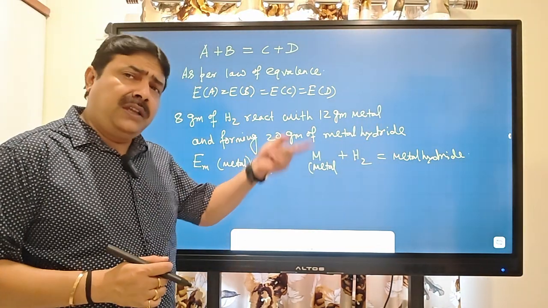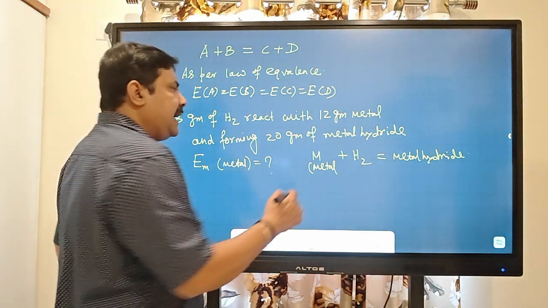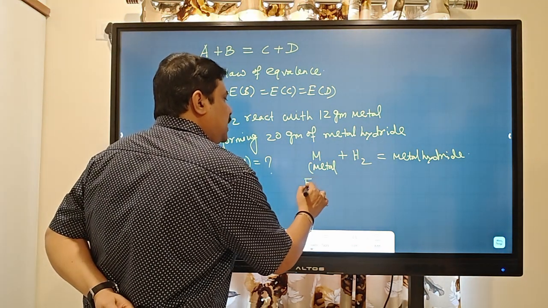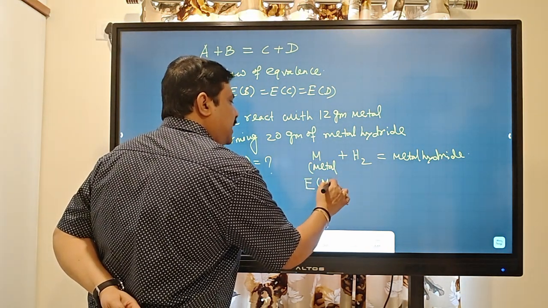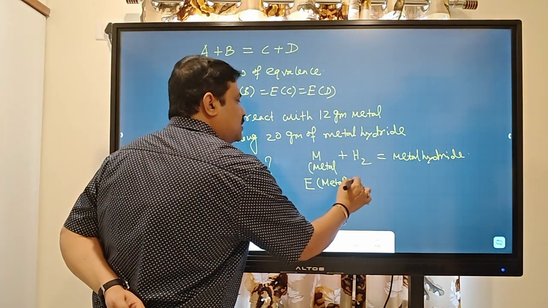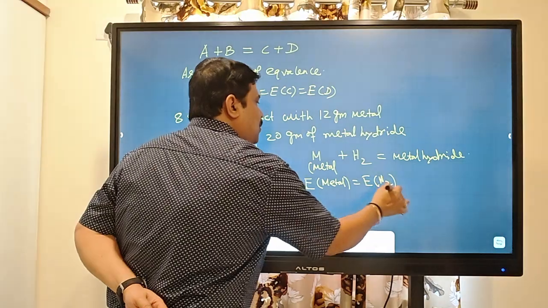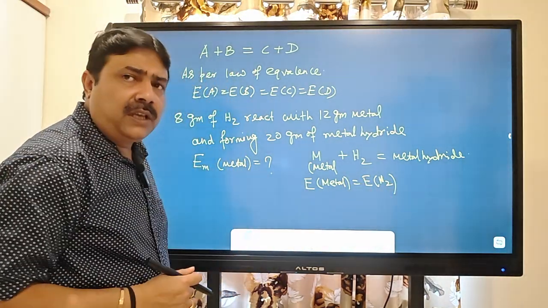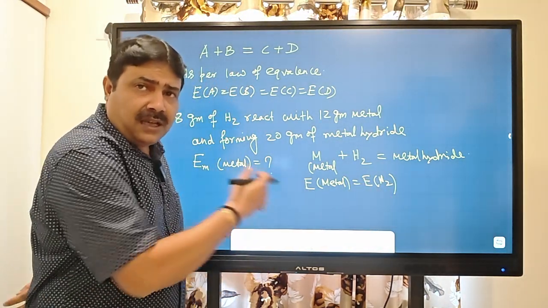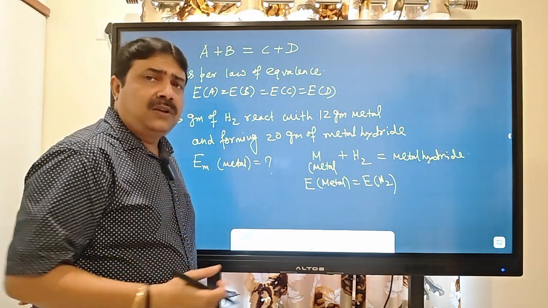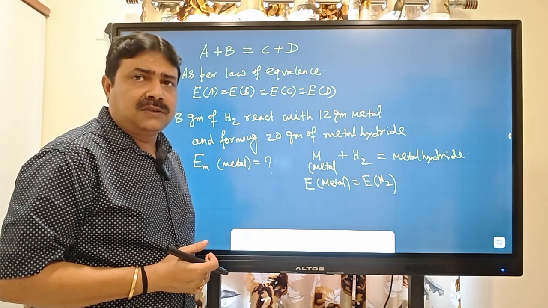Now as per the law of equivalence, what can I write down? Equivalence of metal M will be equal to the equivalence of hydrogen. Yes or no? Just now I explained there are different ways to represent equivalence.